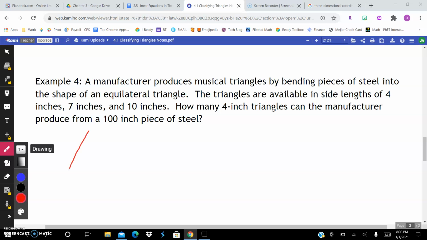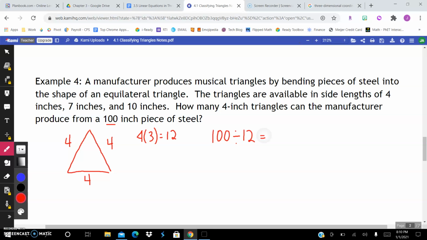So we're thinking about an equilateral triangle where all the sides are 4 inches. So if I add that all up, I have 4 times 3. So they're going to need 12 inches for each triangle. And we have 100 inches. So I'm going to have to do 100 divided by 12.